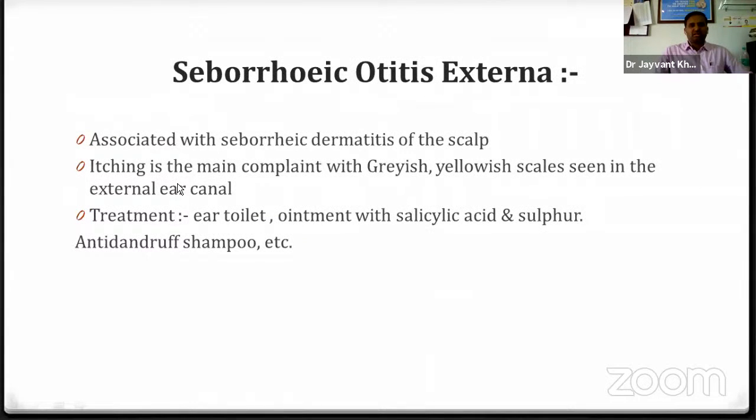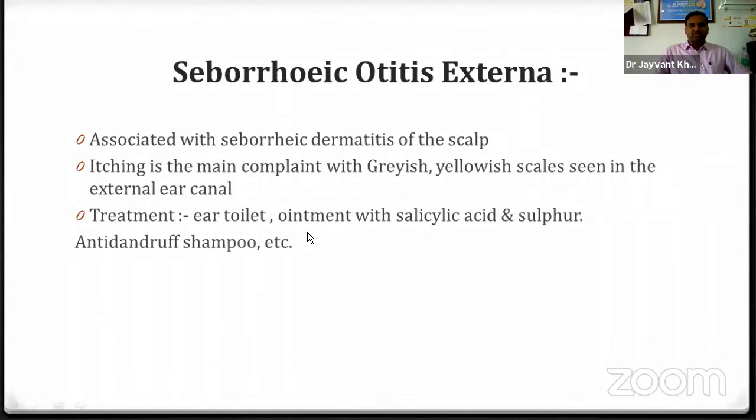Seborrheic otitis externa is associated with seborrheic dermatitis of the scalp. You can say it as a dandruff-like condition. Itching is the main complaint, with grayish yellowish scales on the skin of the external ear. Anti-dandruff shampoo etc. are used.